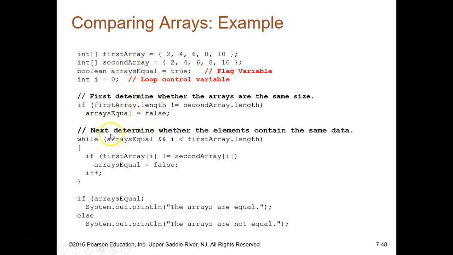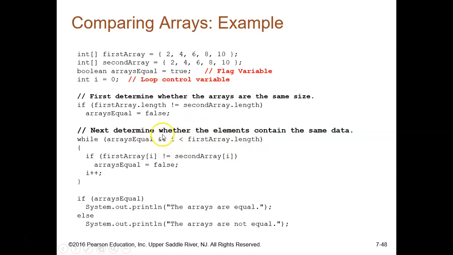It's irrelevant. So while arrays equal, so if this is true or false, and I is less than first array dot length. Well, I is our index, so it's going to start off with 0. So 0 is less than first array dot length, and we can see the first array dot length is equal to 5. So 0 is less than 5. Well, this is going to be true for now.